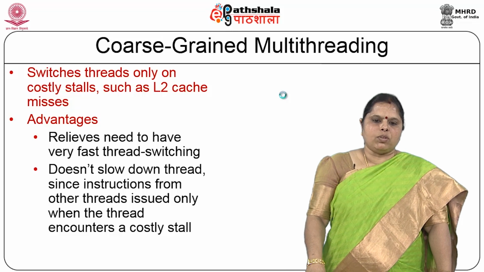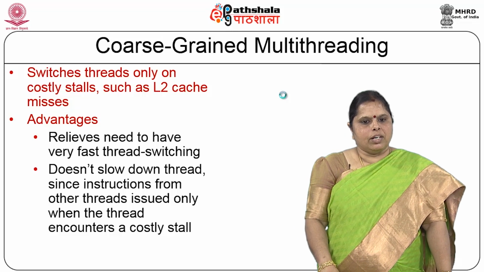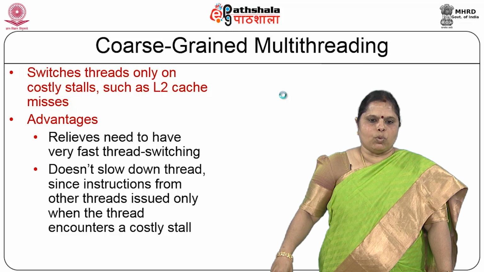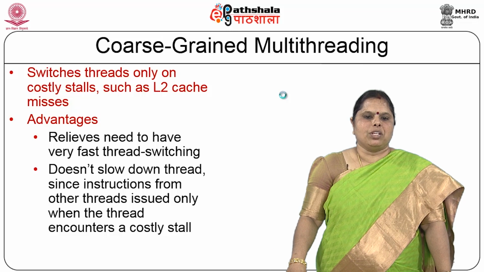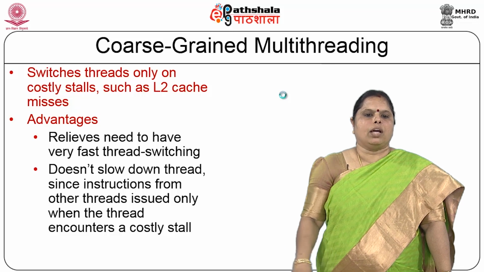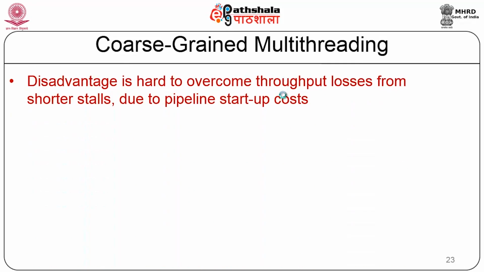Of course, when a thread does not have any stalls, the subsequent threads will not be taken up for execution at all. That problem is there. But still a ready thread will not have to stall once it has been taken up for execution. Of course, there are also disadvantages to coarse-grained multithreading.